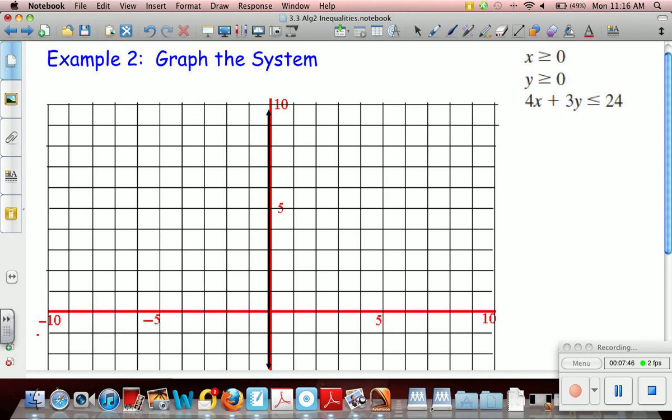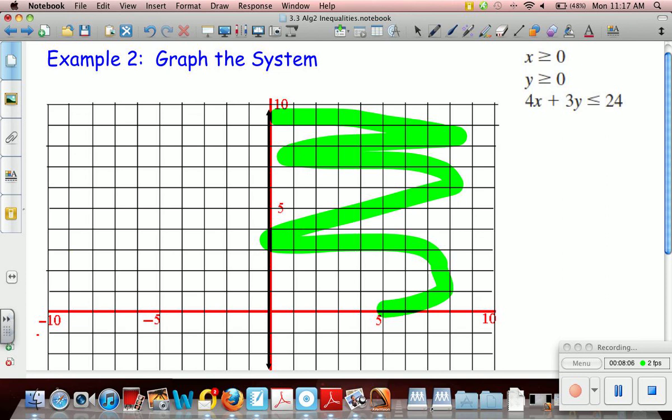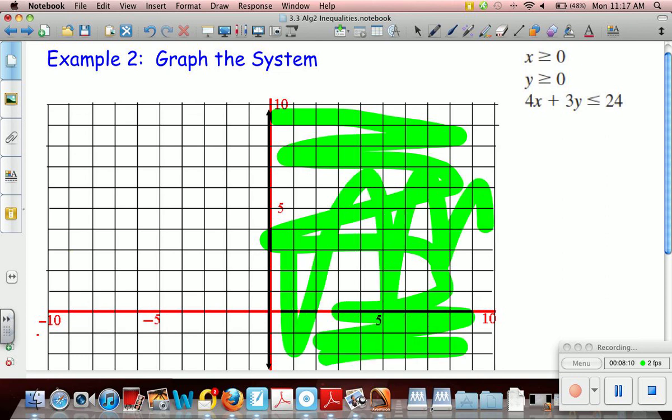And you pick a point, like you can't pick 0, 0 because that's on the line. So pick like 1, 0. Is 1 greater than 0? Yes, so it means that's the side of the line that you'd be shading on. So I'm going to shade on this side of the line, and it's all the points on this side of the line. Whoops, just went over a little bit. So all the points on this side of the line.